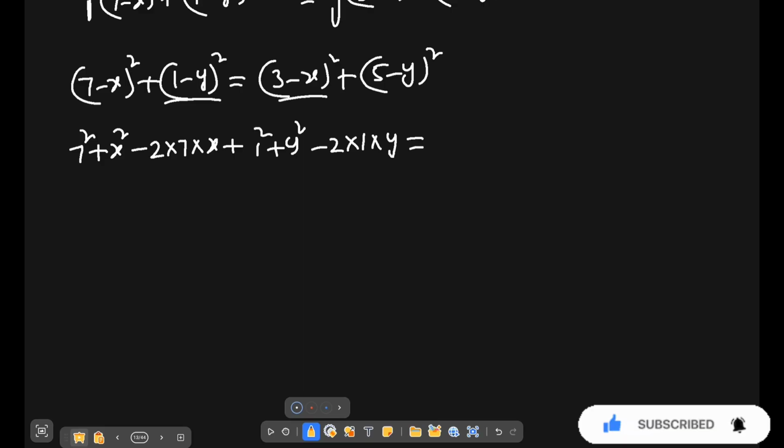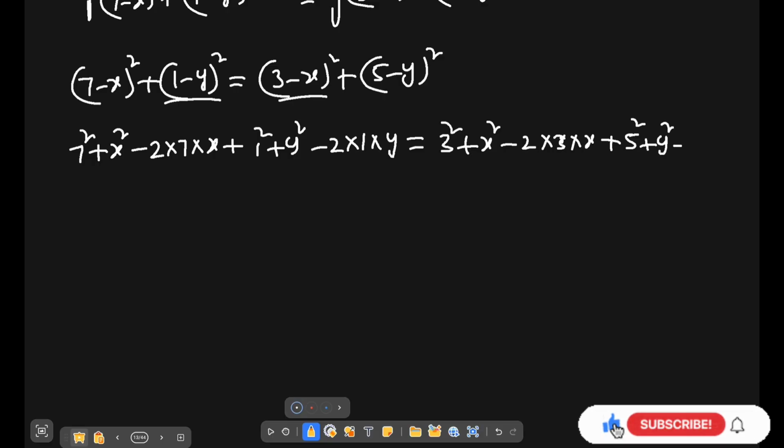On the right side, 3 minus x whole square, a square plus b square minus 2 into 3 into x, and 5 minus y whole square, minus 2 into 5 into y.